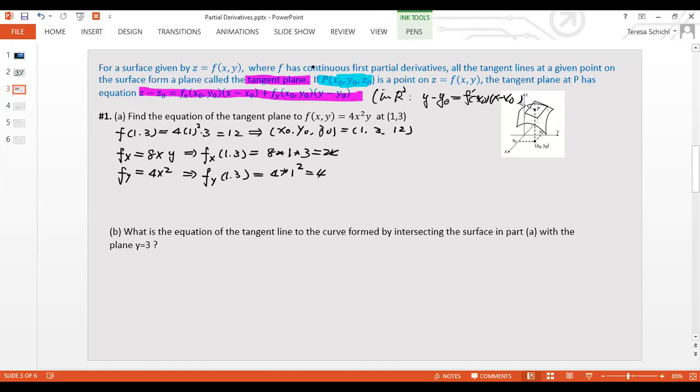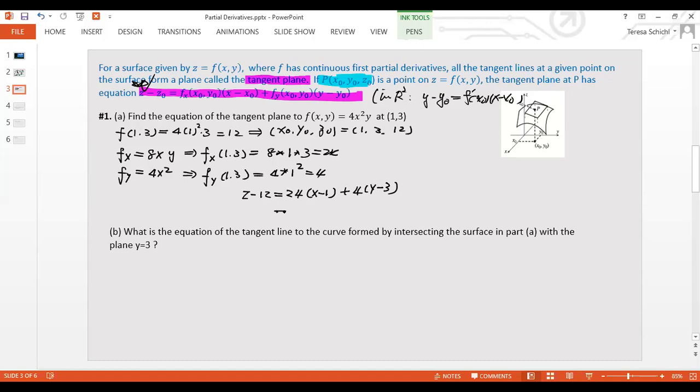Okay, so now I can use these linear approximations and write down our tangent plane definition, right? So we can write z minus 12 is equal to 24 times (x minus 1) plus 4 times (y minus 3). That's the plane equation.